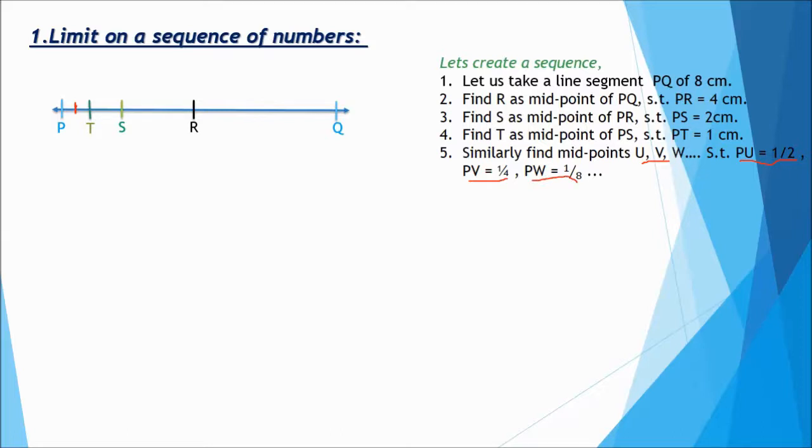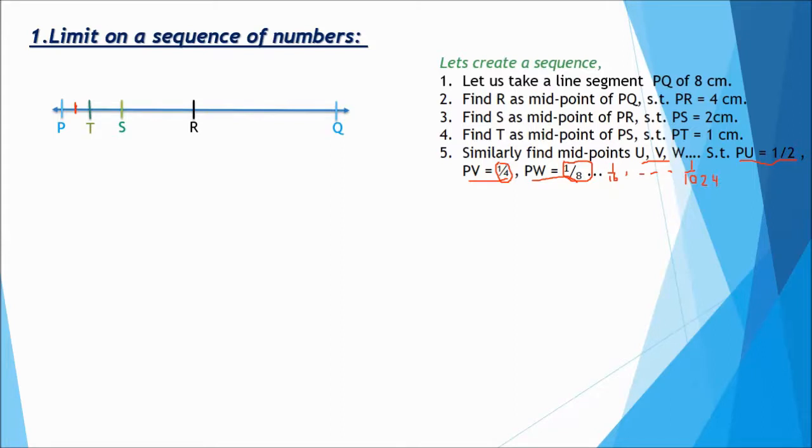You need not get confused, because half of 1 cm is 1 by 2, half of 1 by 2 is 1 by 4, half of 1 by 4 is 1 by 8, and if we continue further, half of 1 by 8 will be 1 by 16, and it will be continued.